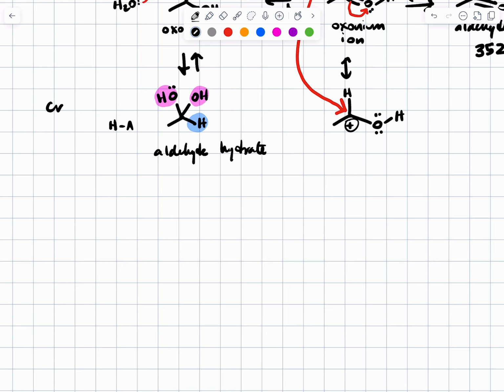All right, so let's show how that happens. We're going to do this analogously to what we did before with the first round of oxidation. We'll take protonated CrO3, lone pair electrons attack the chromium, break the pi bond.